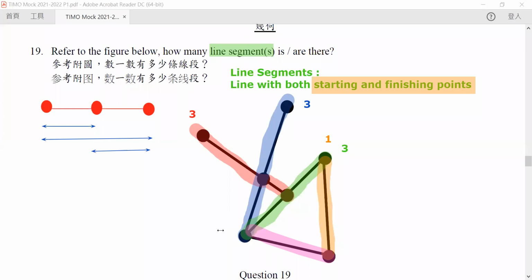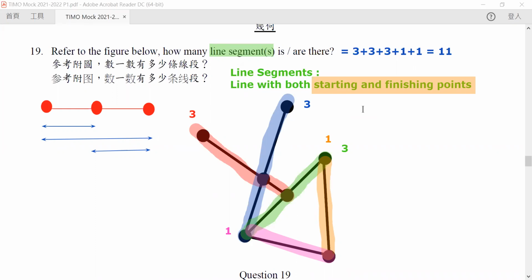And for our pink line, it will also have only 1 line segment. So how many line segments are there in total? This would be equal to 3 plus 3 plus 3 plus 1 plus 1. And hence our answer is 11.